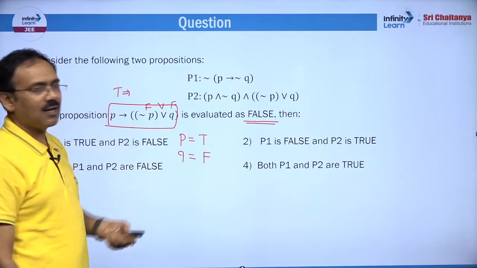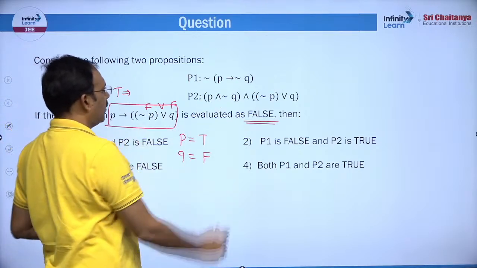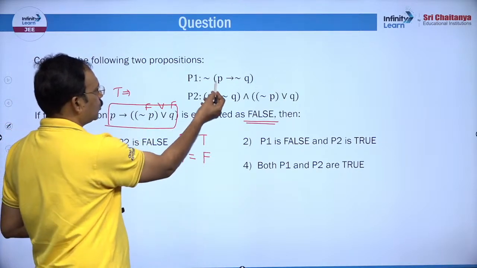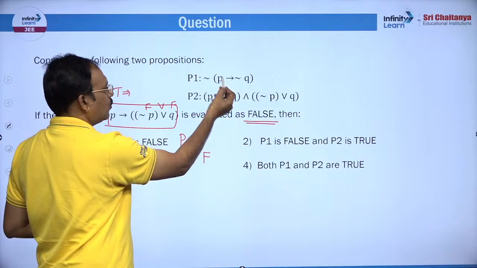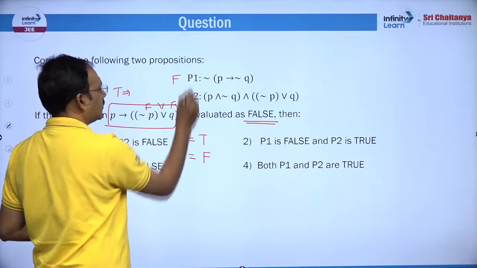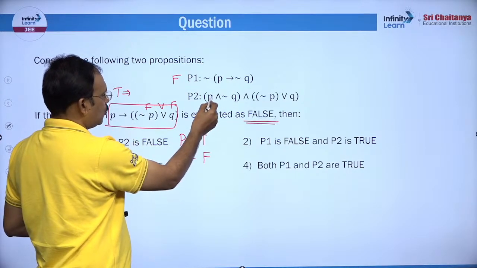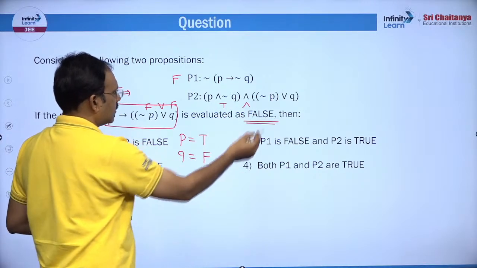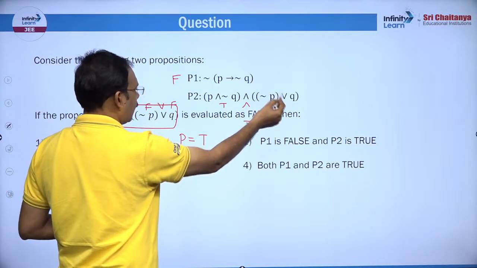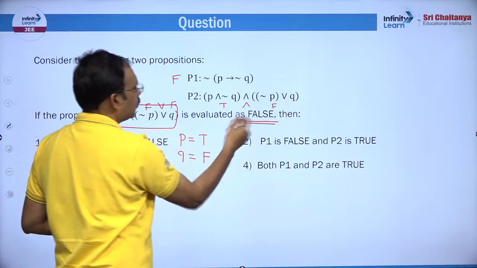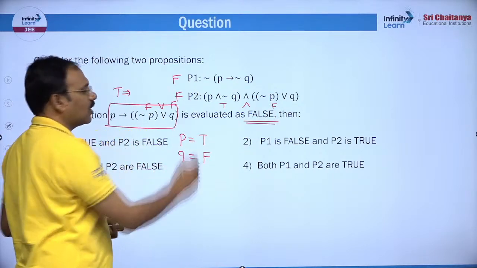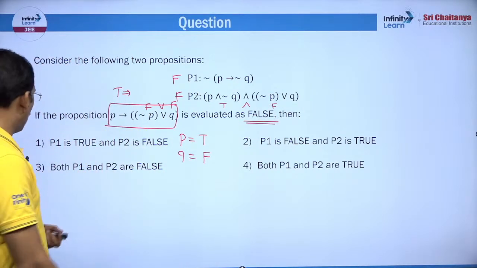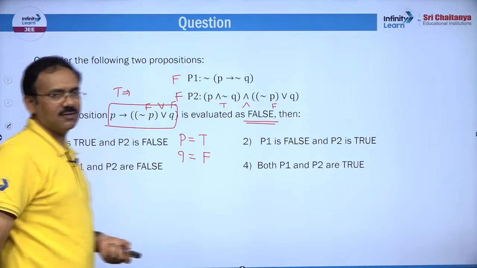For this data you just check whether true or false. True implies true is true, whose negation is false. Now, true and true is true, and this is false or false is false, true and false is false, both are false, my dear friends. So, you can go with both P1 and P2 are false.